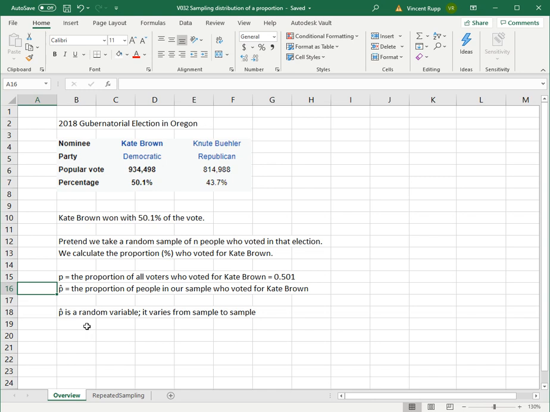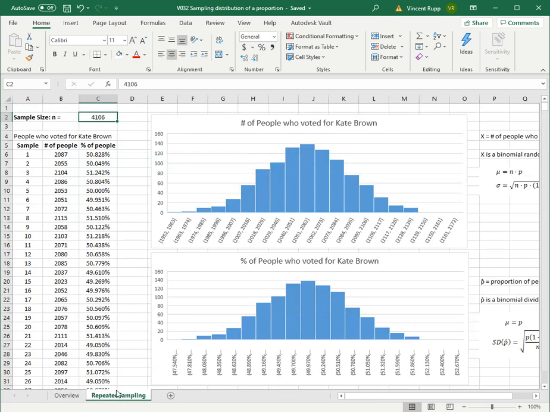And let's look at exactly what we mean by that. So here I took random samples of size 4,106. So pretend we had some way of selecting completely at random 4,106 people who voted in the 2018 gubernatorial election. And now pretend that we don't just take one sample, we do this over and over again. So in our first sample, we found that 2,087 people voted for Kate Brown, which is a total of 50.828%.